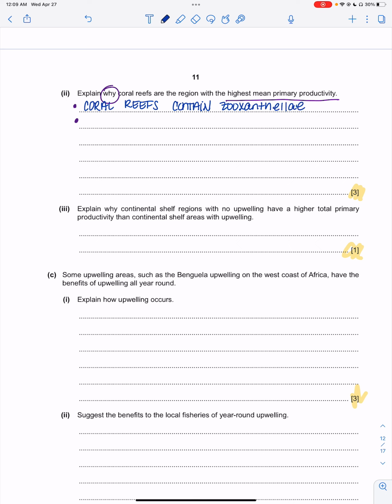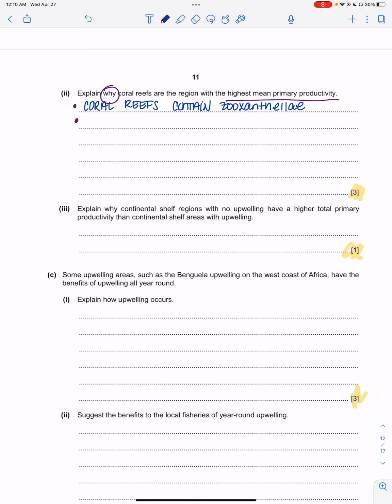Remember, corals are an animal, but they have a mutualistic symbiont living inside of them, and that is their zooxanthellae. Otherwise, corals are just like a big straw filtering out particulates from the water, and there really are not a lot of particulates in the water, or else it would be very cloudy.